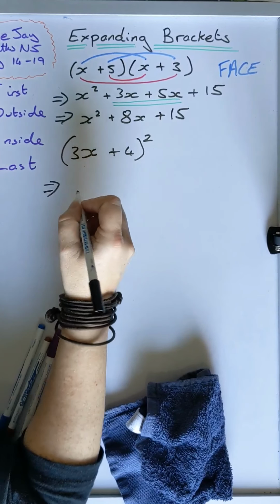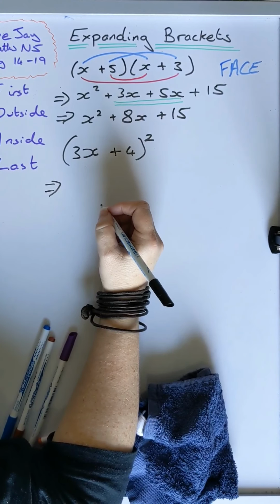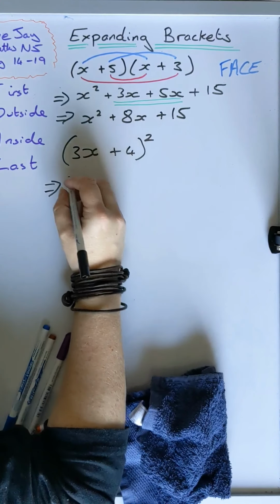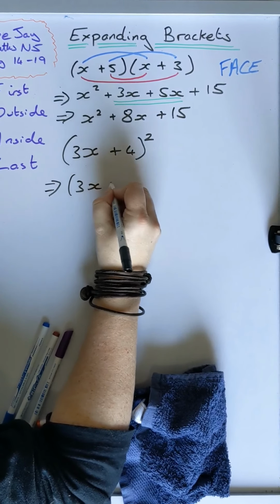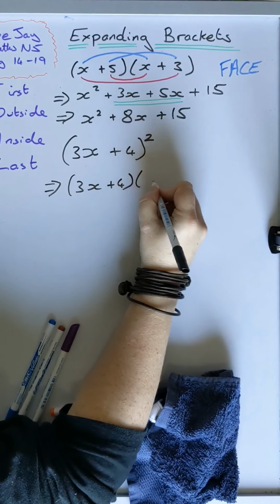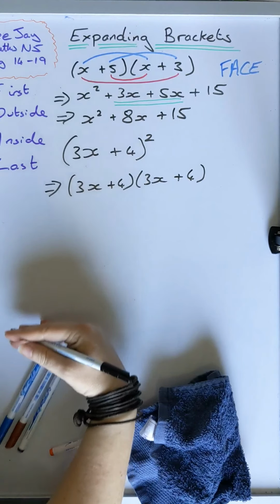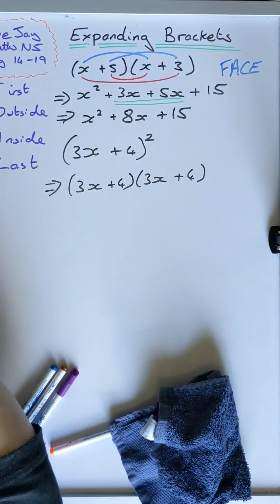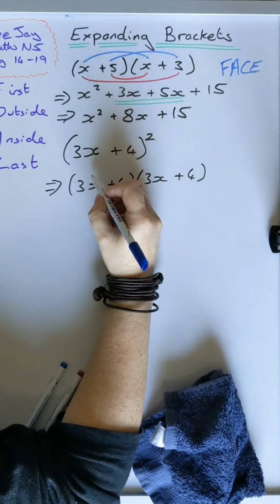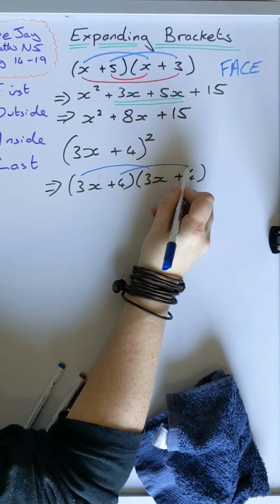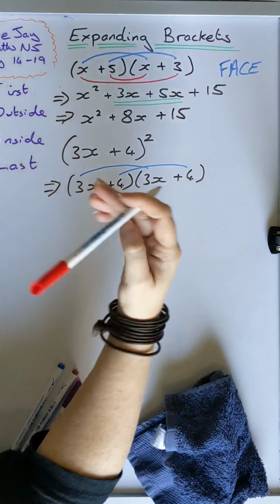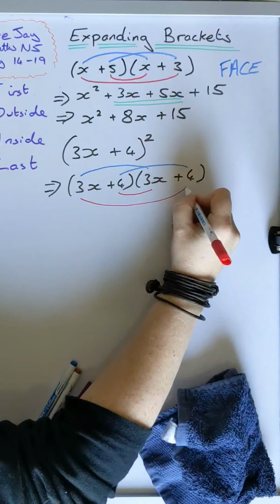Well, if you remember, when you square something, what you're doing is multiplying it by itself. So what we've really got there is 3x plus 4 times 3x plus 4. And then you just use the same techniques as we've been doing. So we do our eyebrows, and we'll do our nose and mouth.